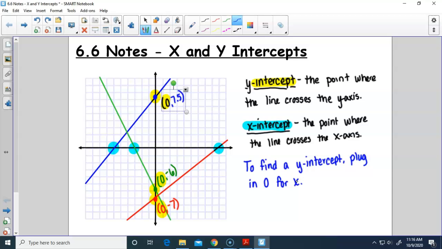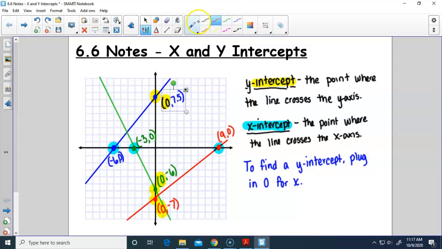Now let's look at all of our x-intercepts. If I look at this blue line, I'm crossing the x-axis at about -6. So the x-coordinate here is -6, and the y-coordinate is 0. At this point, it looks like I'm about -3, so I would have -3, 0. And you might be able to guess what's going to happen here. For this last point, it would be 9, 0.